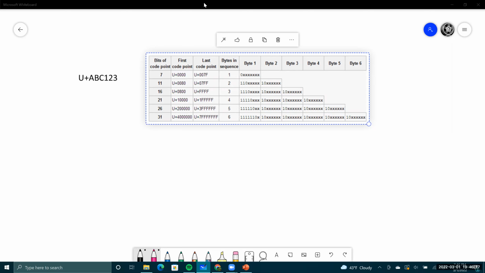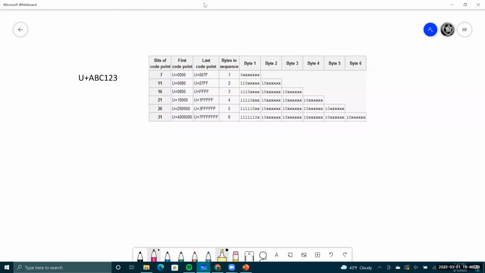Okay, so let's quickly do this now. Looking at this hex value, ABC123, it's larger than 2000, but it's less than 3FFFF, right? So this is going to take 5 bytes.